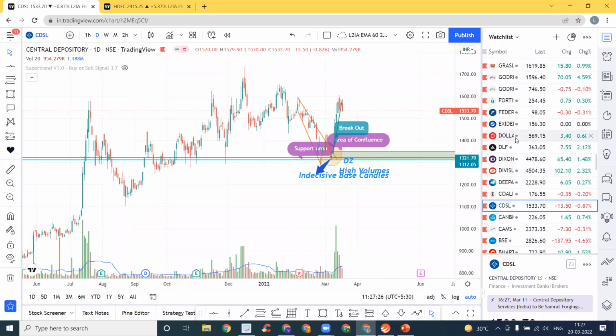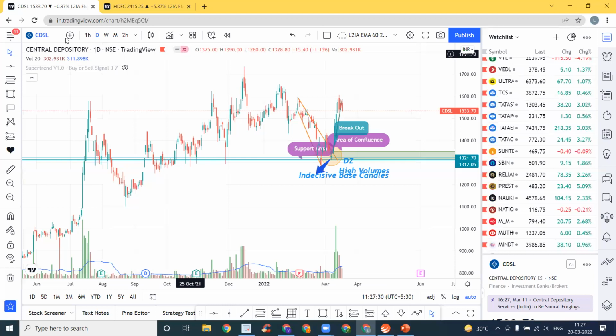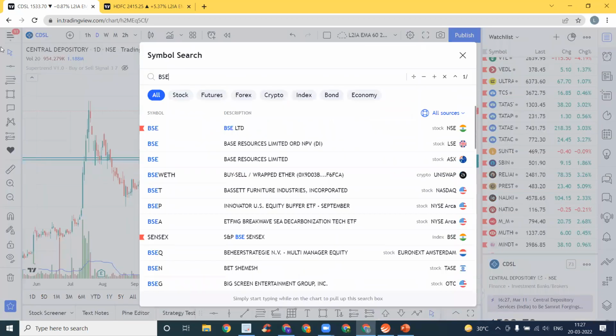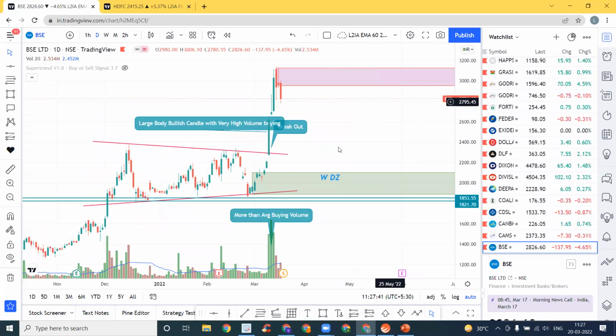BSE, I feel it will now start moving in a downward direction. Where is BSE? See here, the stock's demand zone was here. It went up, and now it has started coming down from the supply zone.